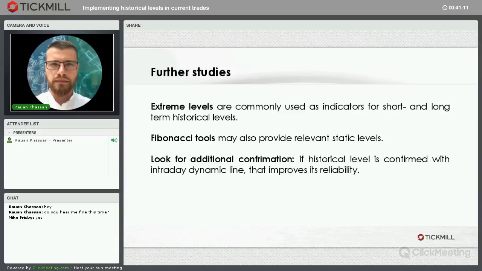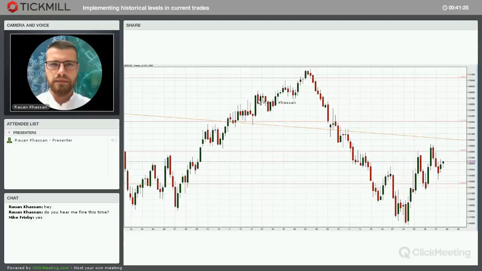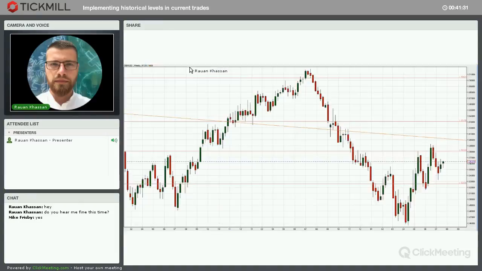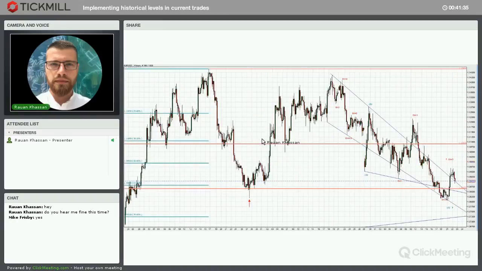But Fibonacci tools may also provide relevant static levels. I will prove it with the example of euro dollar. If you remember, we have been speaking about Fibonacci tools last time. And this is the way it works.